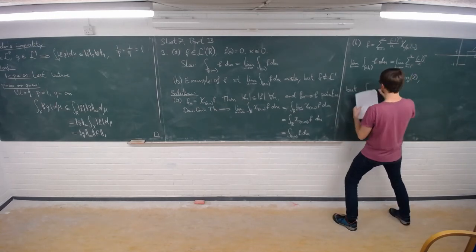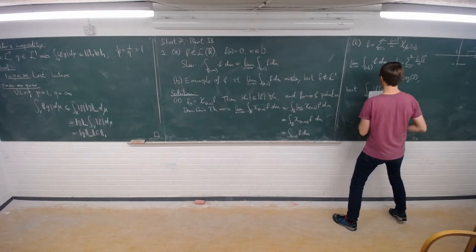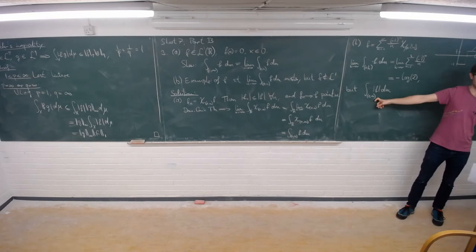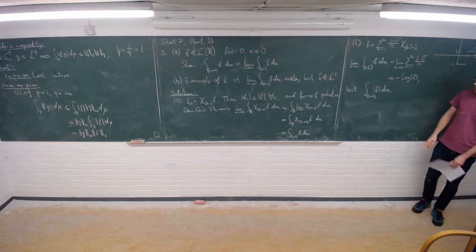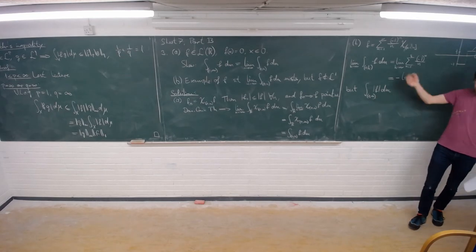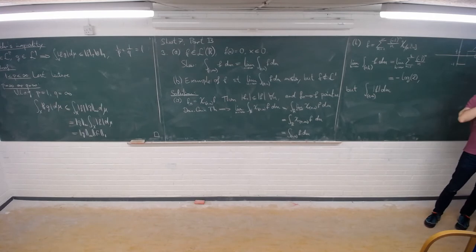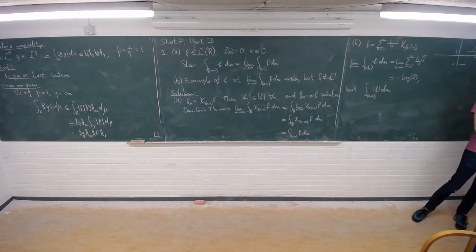And f not being in L1 is equivalent to this integral being infinite, right? Because f is in L1 if and only if the integral of the positive part of f and the integral of the negative part of f are both finite, which is the same as to say the integral of the absolute value is finite.